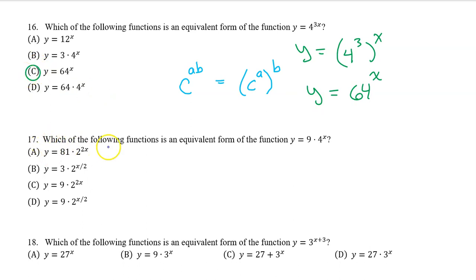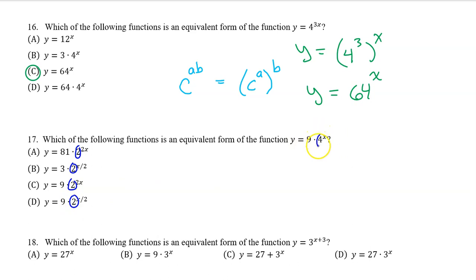Number 17. Which of the following functions is an equivalent form of the function y equals 9 times 4 to the x power? On these ones, x is not all by itself. In fact, what these all have in common is they all have a 2 in this position right here. So I'm going to start with that and see what happens.